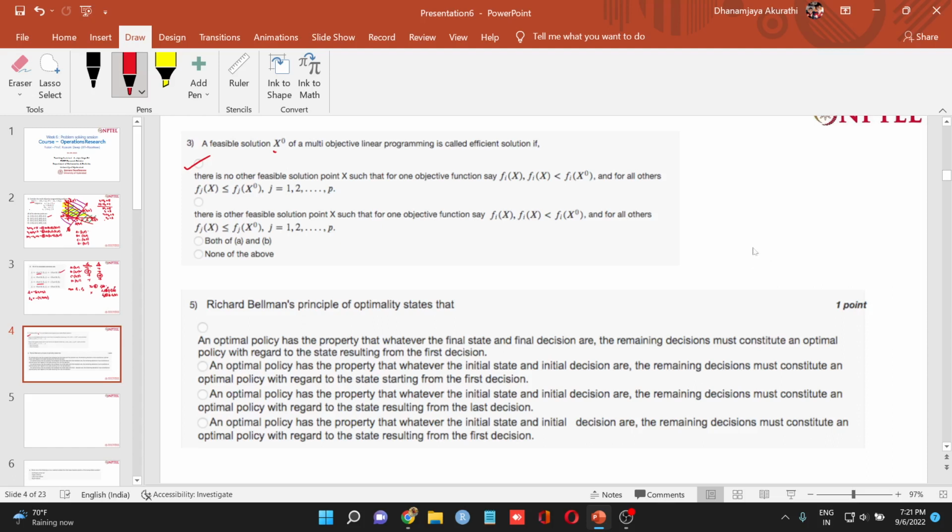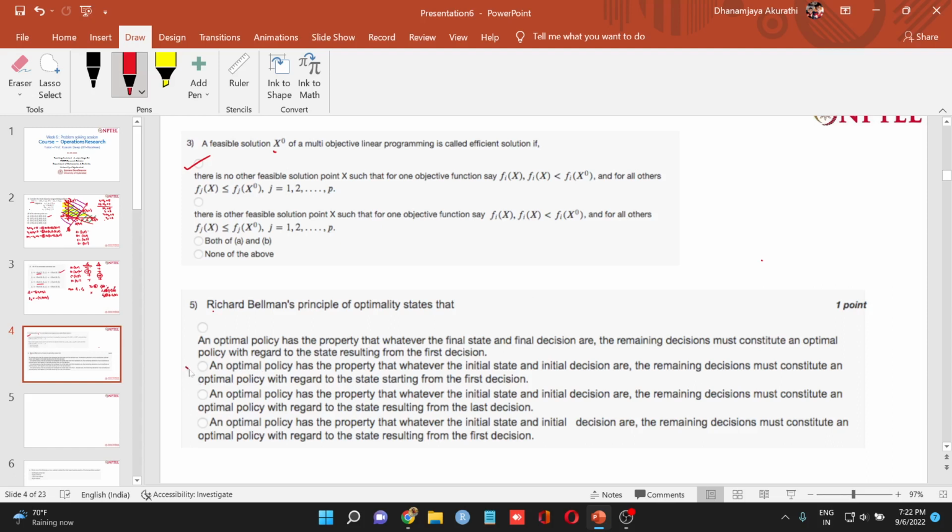That is the question raised. That question can be answered by Richard Bellman's principle, which states that the optimum policy has a property that whatever the initial state or initial decisions are, the remaining decisions must constitute an optimal policy regarding the state resulting from the first decision only.